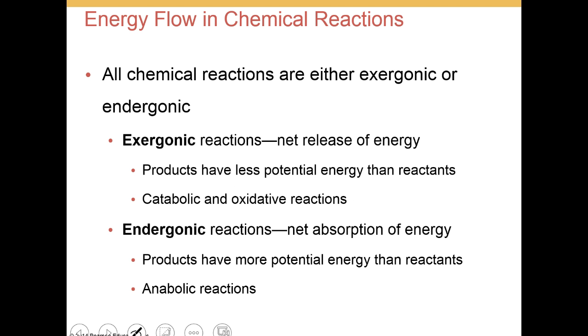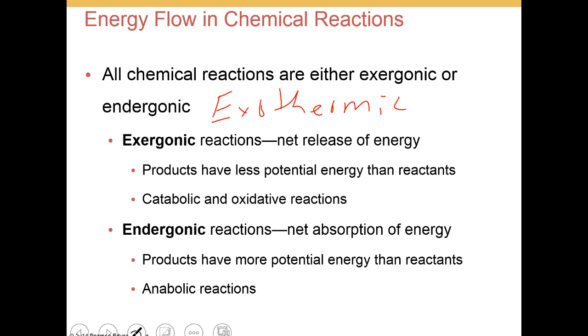In fact, in many chemical reactions, we see a general flow of energy. So all chemical reactions are either exergonic or endergonic. In an exergonic chemical reaction, you have a net release of energy. Now, some of you who have taken chemistry may have seen a description very similar to this. Exergonic may sound a lot like exothermic, and often these are exactly alike.